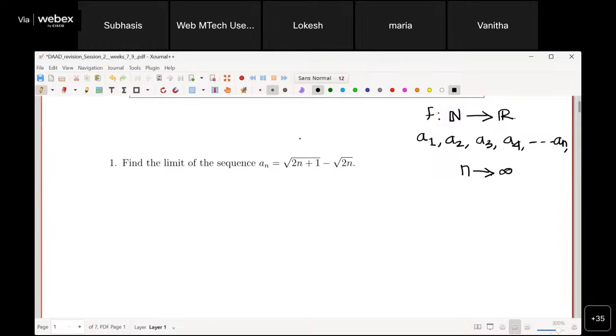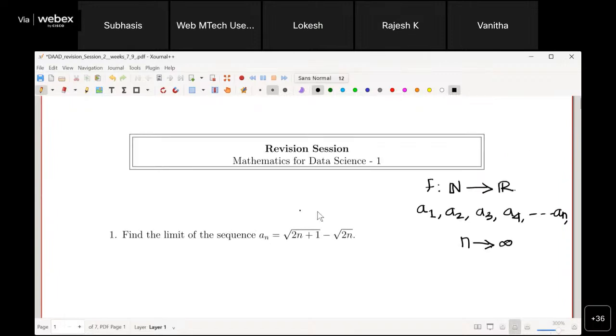Then what is the aim of this session? Some of you are from data science also, right? Yes. Then this is relevant for you.